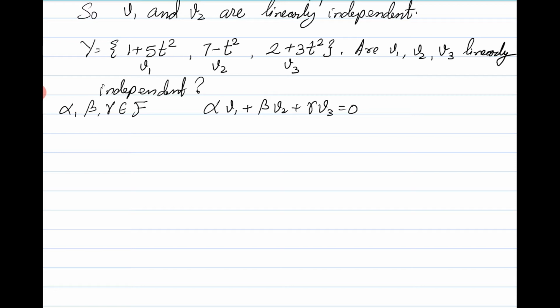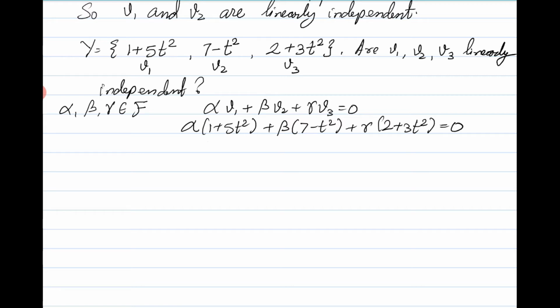If we replace V1, V2, V3, what we essentially get is alpha times 1 plus 5t square, plus beta times 7 minus t square, plus gamma times 2 plus 3t square has to be a zero polynomial.